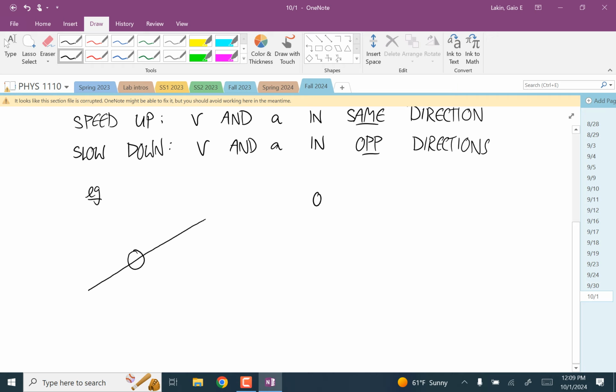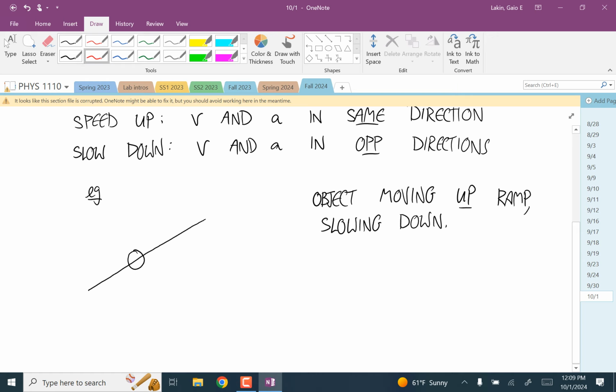And let's say that the object is moving up the ramp and slowing down. What are the directions of the velocity and the acceleration? Well, the velocity is in the direction of motion. So if it's moving up the ramp, then the velocity has to be like this. And if it's slowing down, the acceleration has to be in the opposite direction of the velocity. So the acceleration has to be like this.